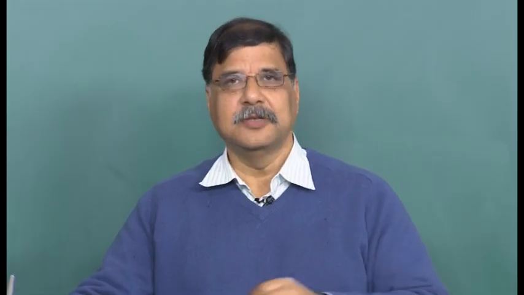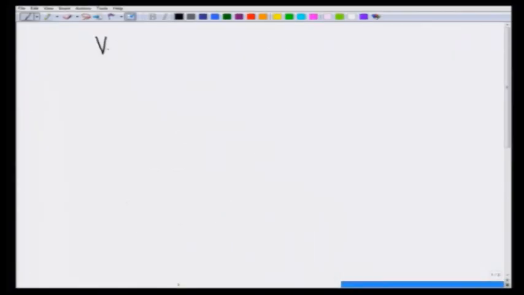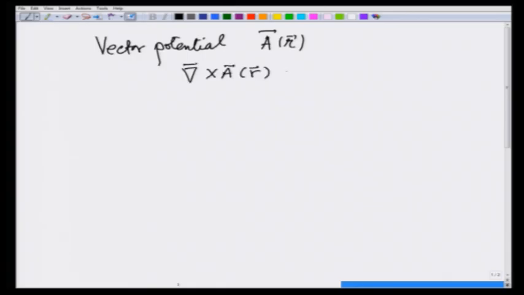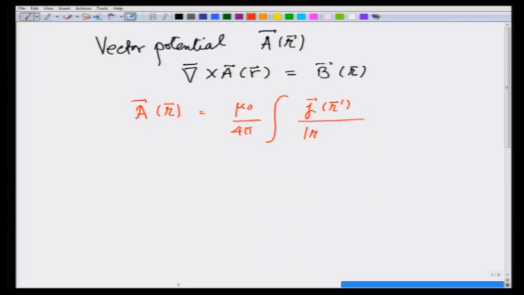Recall that in the past few lectures, we have been talking about the vector potential for a magnetic field, which I denote by A(r), such that curl of A is B. In particular, in the previous lecture, what we found is that A can be expressed as mu 0 over 4 pi, integration over the volume, the current density J at r prime over |r minus r prime| dV prime.